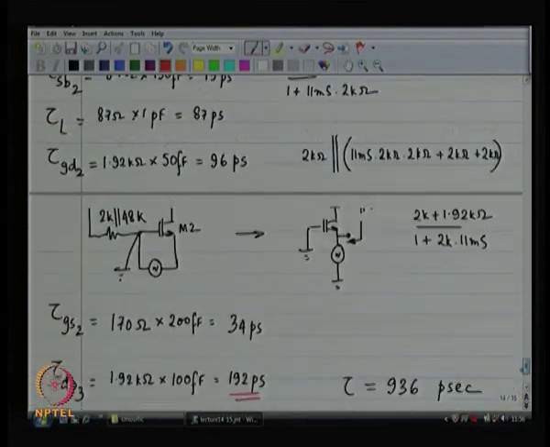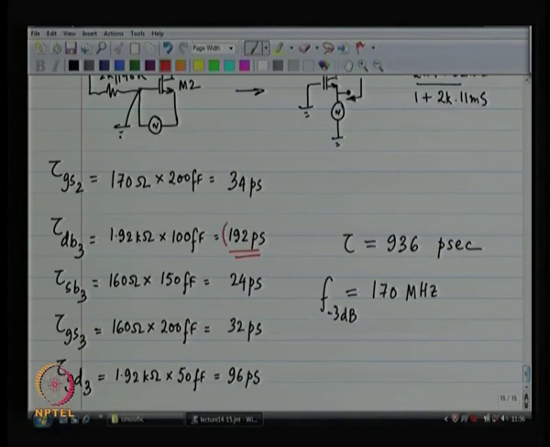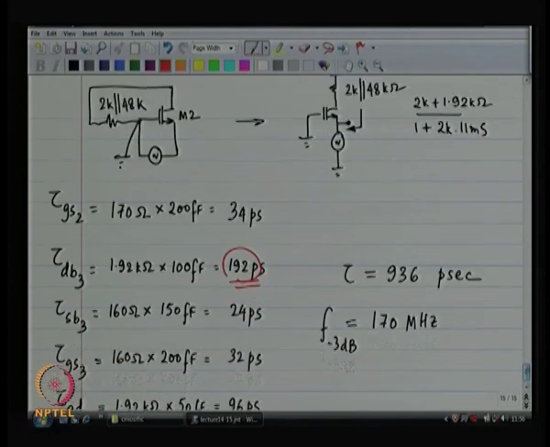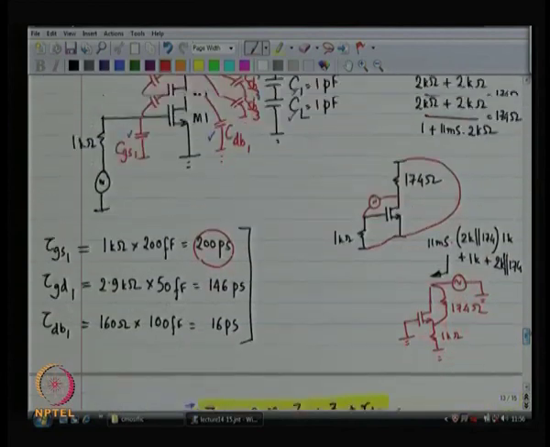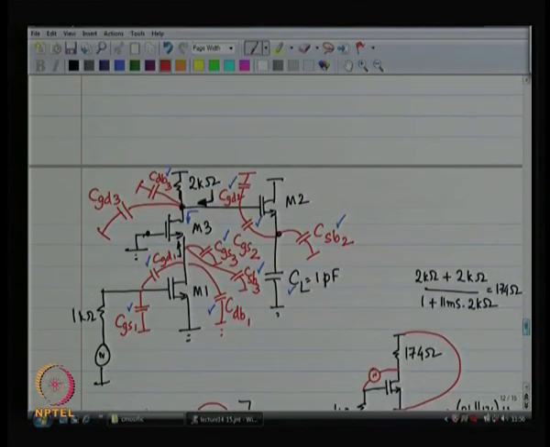The second largest is this 192 picoseconds, that is coming from drain to body of device number 3. So, possibly this could be my culprit, but this is definitely a culprit. So, gate to source of device number 1 is a culprit.